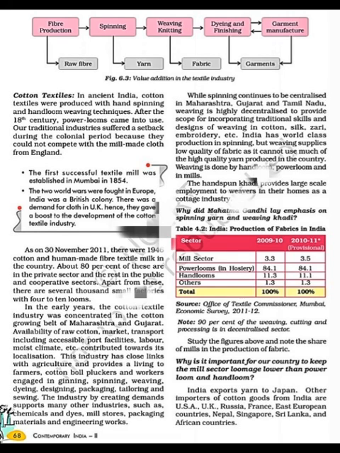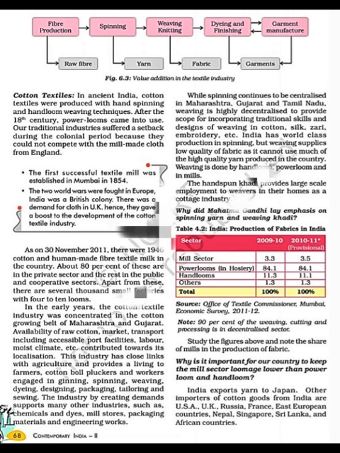Now we have to see certain challenges this industry is facing. Spinning continues to be centralized in Maharashtra, Gujarat and Tamil Nadu. In these areas only, spinning activities are being carried out in our country. But weaving is highly decentralized because weaving is a matter of traditional skills.